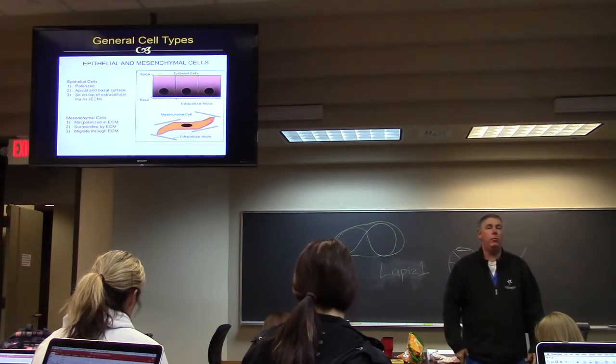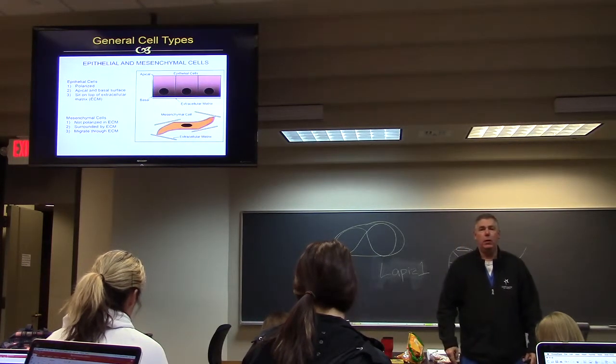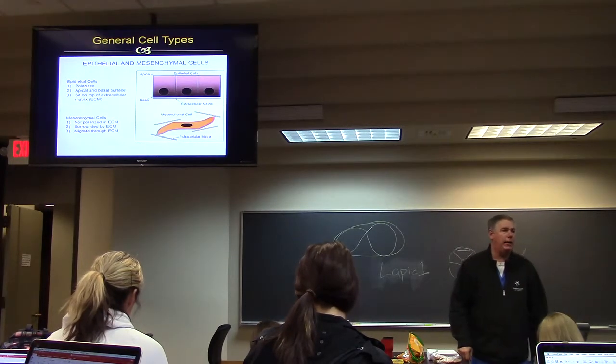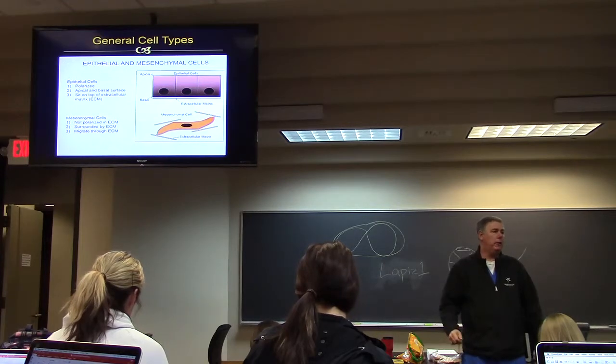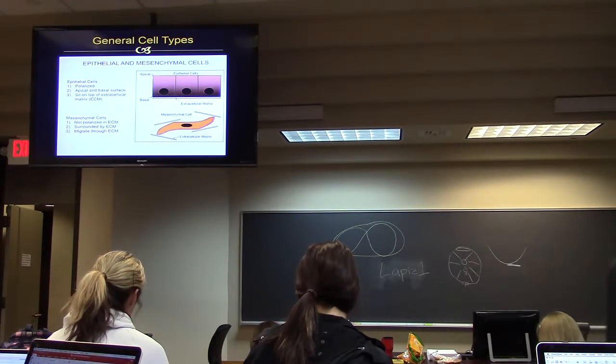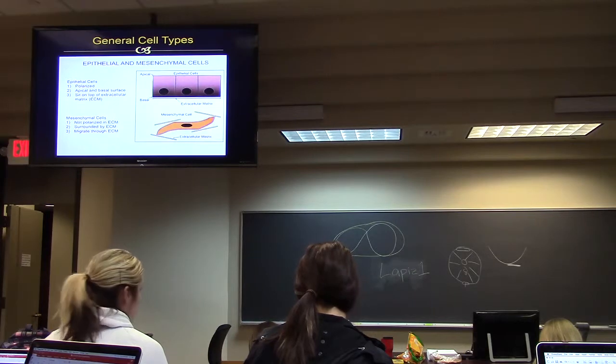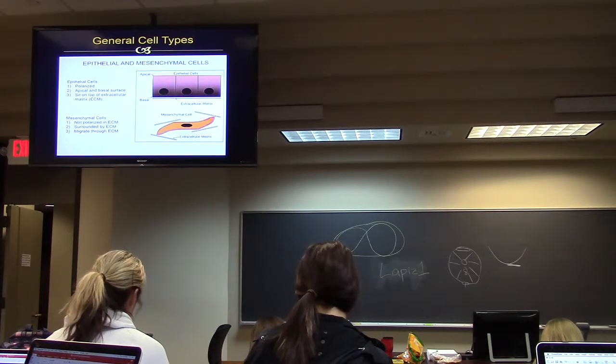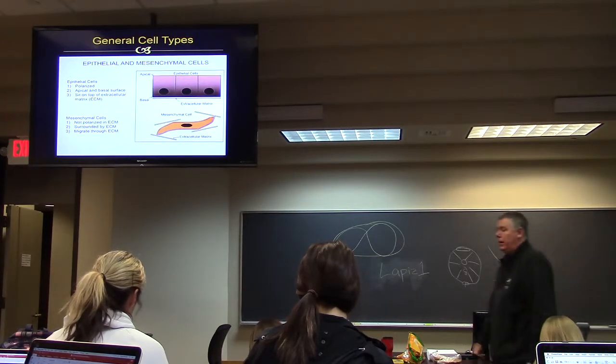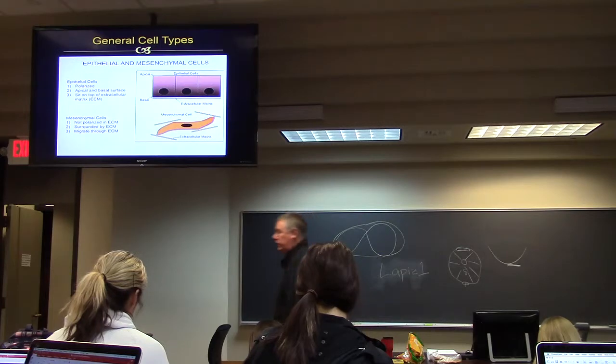One of them would be an epithelial cell, which is not only going to be your skin, but all the cells lining your respiratory tree, your digestive system, your genital system. All organs are constructed this way. All of the endocrine organs are constructed this way.